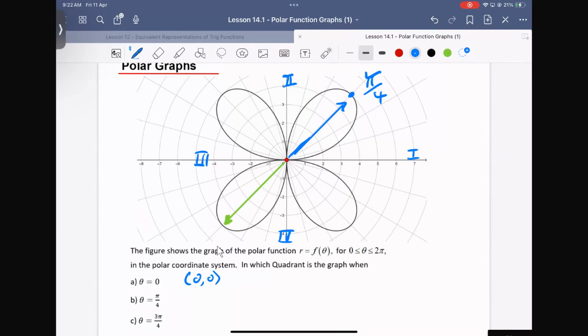Okay, so when theta equals pi over 4, it's going to be here. We're going to have a negative value on this one. How can we figure this out?